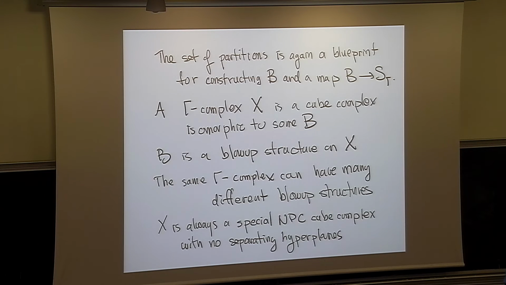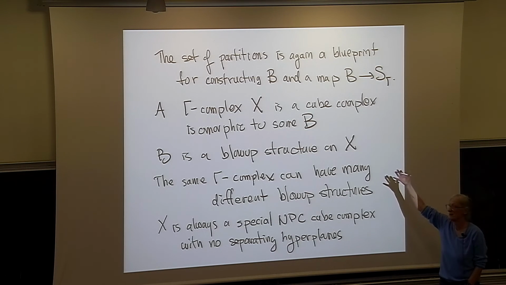So again, this set of partitions is a blueprint for constructing a blow-up. I should remark that the same gamma complex can have lots of different blow-up structures. That's just like a graph can have lots of different maximal trees, and even if you have maximal trees, you can label the remaining edges however you want. But nevertheless, if you have a blow-up structure, if you have this description in terms of partitions, you can construct X.